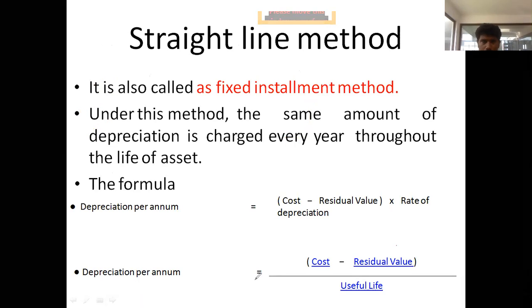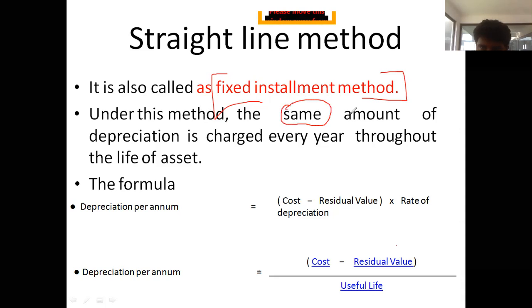Next, how to calculate the straight line method? The straight line method is also called the fixed installment method. Here we fix the depreciation amount. Under this method, and this is very important, the same amount of depreciation is charged every year throughout the life of the asset.